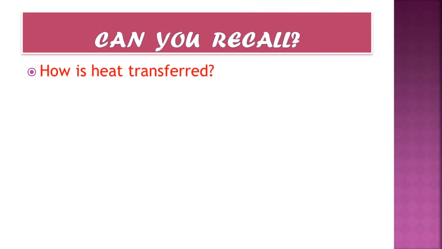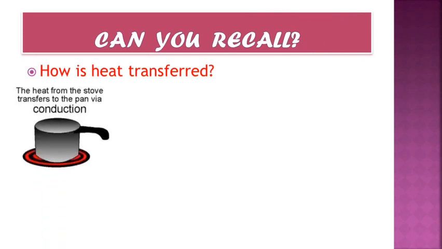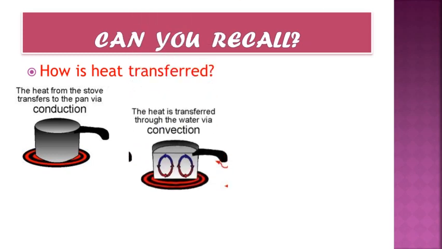Next is, how is heat transferred? So there are three methods by which heat is transferred. First is conduction, in which the heat from the stove transfers to the pan via conduction. That means through the solid material the heat is transferred.